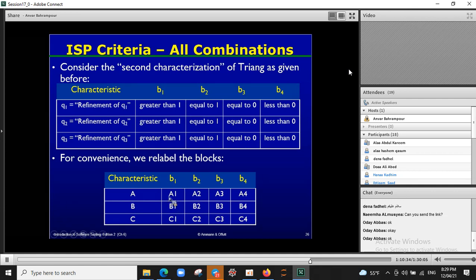For example, we test A1 B1 with C2. We test A1 B1 with C3. We test A1 C1 with B2. So we consider all choices constant except one of them in each test.